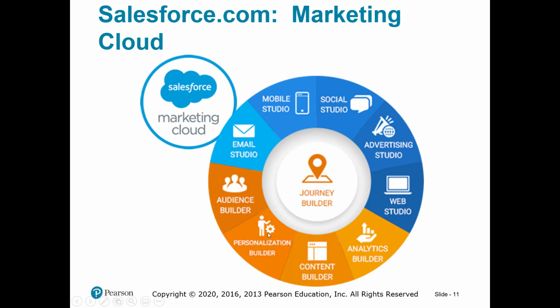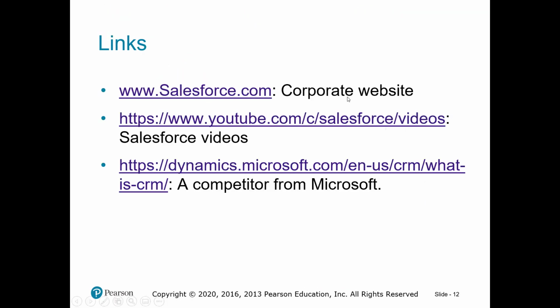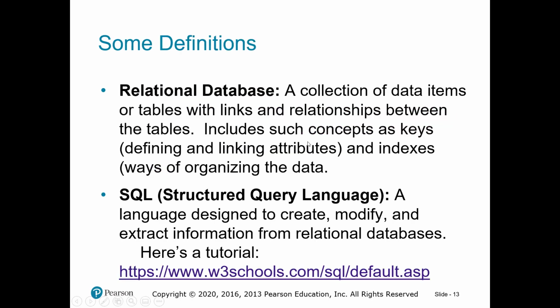There's probably some segmenting to different consumers, and something for developing advertising and web advertising. So there's a range of features in the Salesforce cloud utilizing the CRM database. Here are a few of the links. I showed you a few of these before.